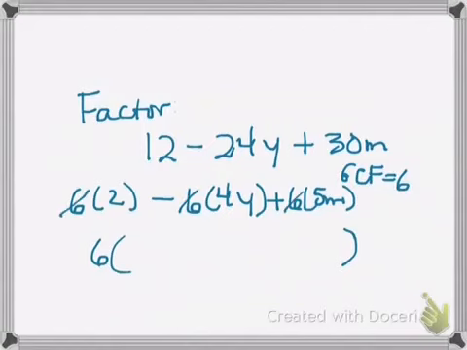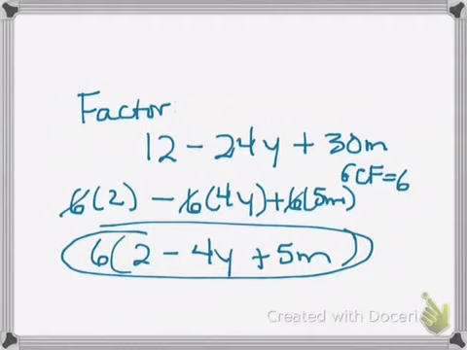And if I get rid of the 6 because I've pulled it out front, I'm left with 2 minus 4y plus 5m. You could also go back to see if the distributive property will give you the original expression, and it will, because 6 times 2 is 12, 6 times negative 4y is negative 24y, 6 times 5m is 30m.